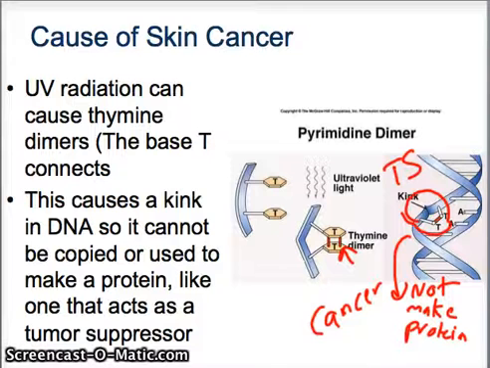Alright, so if a pyrimidine dimer happens or UV radiation does cause cancer, it's usually because it causes a fault in the DNA, which makes it stop producing the tumor suppressor protein, so it will continually divide. Alright, so that is a problem. In the mutant yeast, it just causes it to stop dividing.